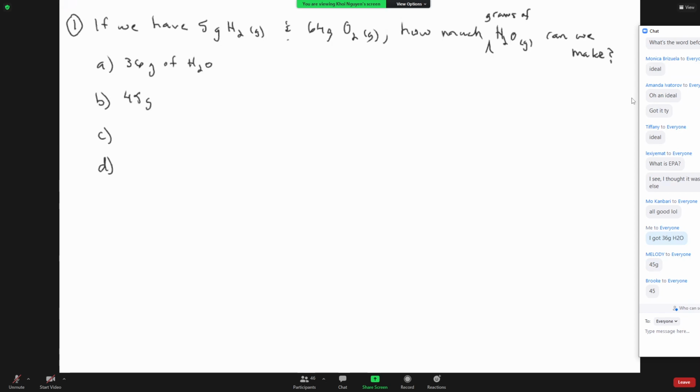Melody says it's 45 grams of H2O. Brooke says the same. Got an answer choice of 24 grams of H2O. Sorry, that was anonymous.